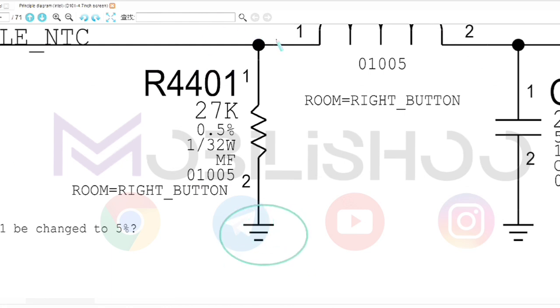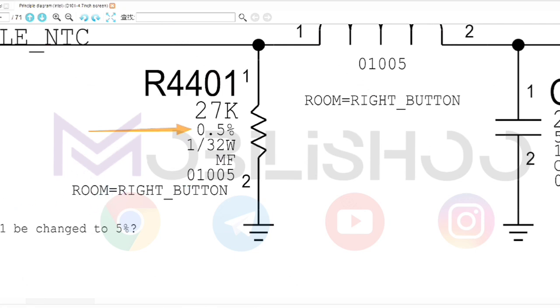We check the next resistor. As you can see, this resistor is completely parallel, one leg in the line and one leg in the GND of the board, which is possible to remove for this resistor. This resistor has a 0.5% error rate. As we said, metal film resistors have very low error rates.